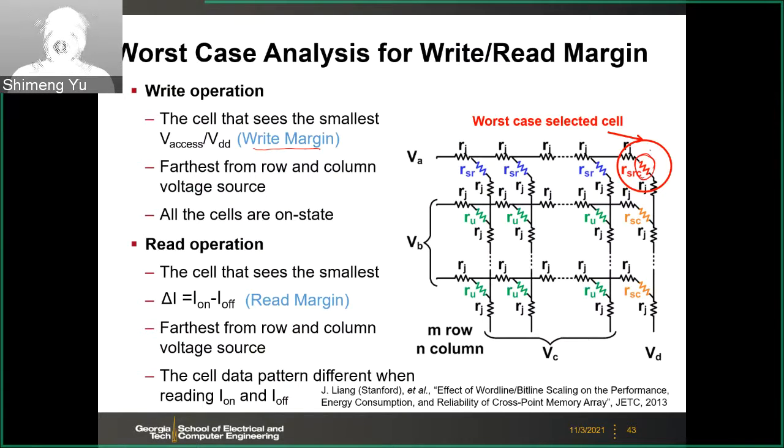The actual voltage drop, we call V access, on the last cell divided by the initial voltage, the write voltage you apply from the edge of the array, because here is like your driver.